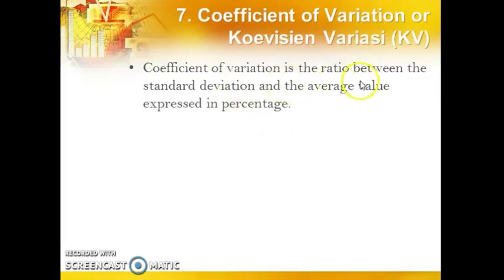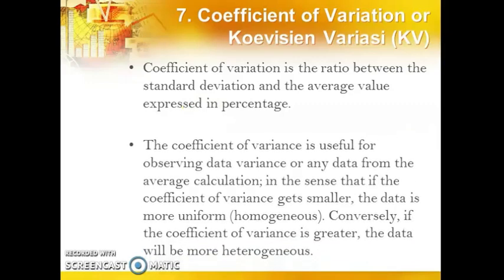Coefficient of variation is the ratio between the standard deviation and the average value expressed in percentage. The coefficient of variation is useful for observing data variance from the average calculation, in the sense that if the coefficient of variation gets smaller, the data is more uniform or homogeneous.